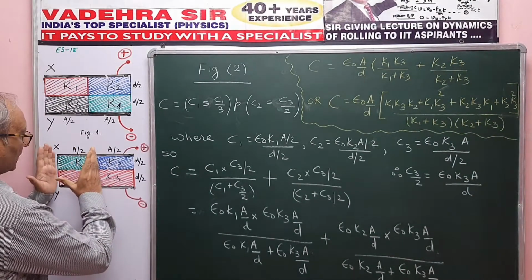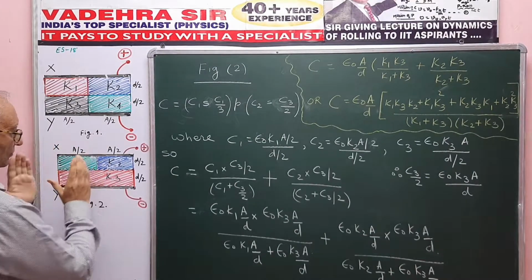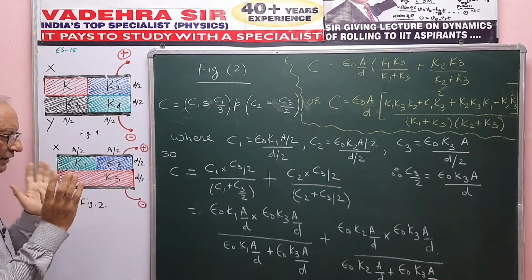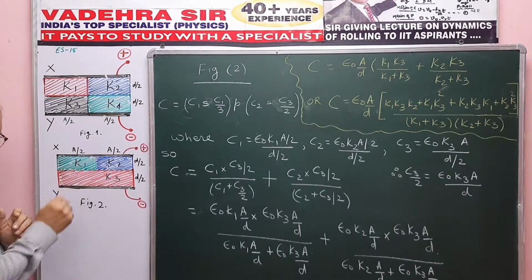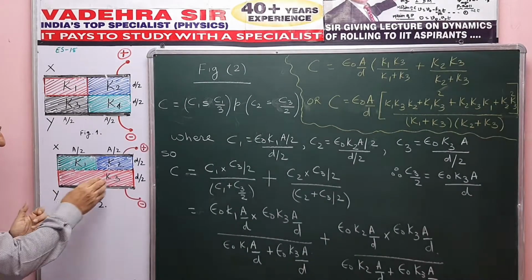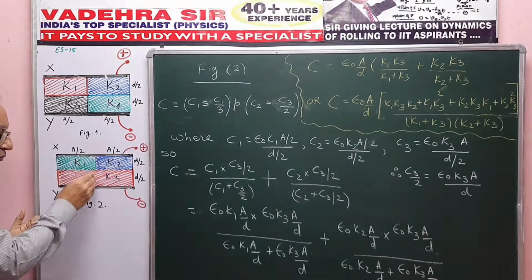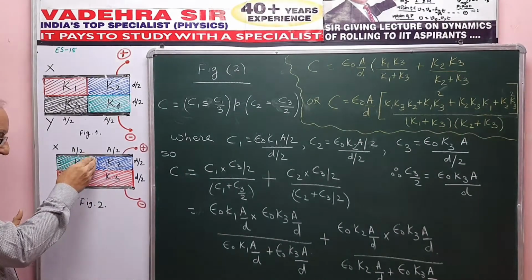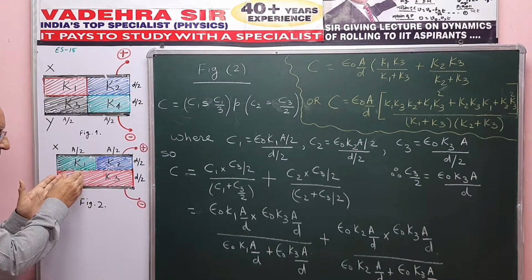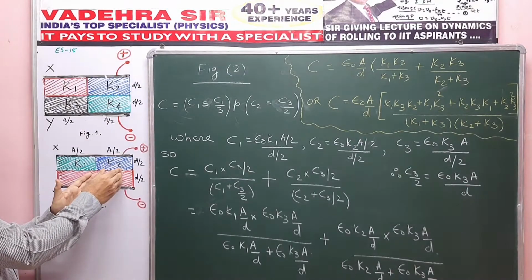The PD is the same across this whole block and this whole block. So what I do is I draw a line from here and divide C3 into two equal halves. I draw the line straight here. So I get C3 by 2 here and C3 by 2 here.